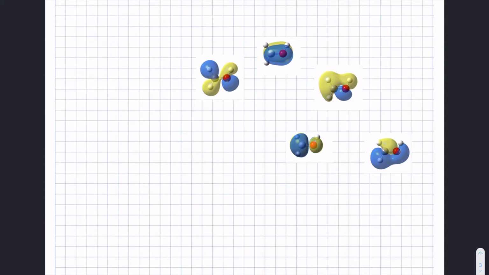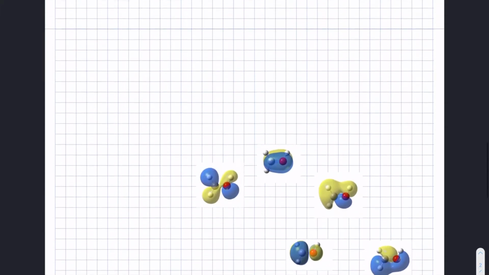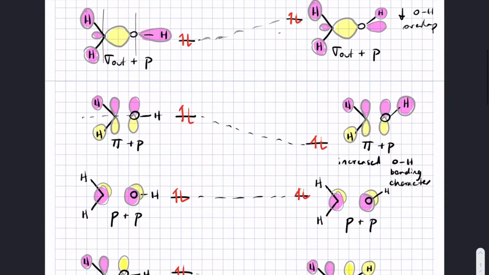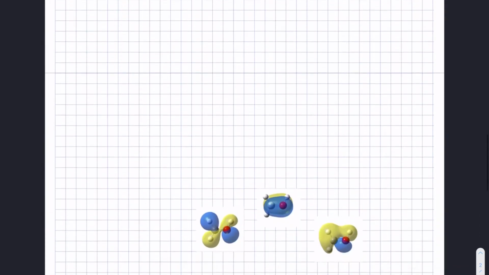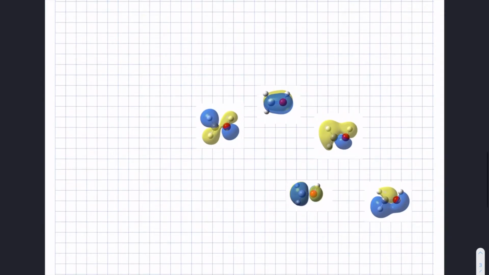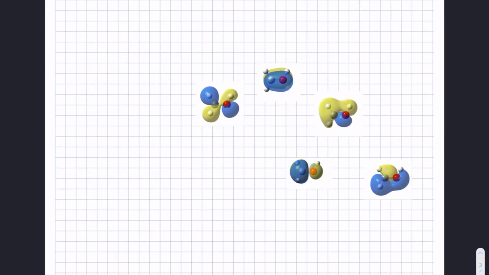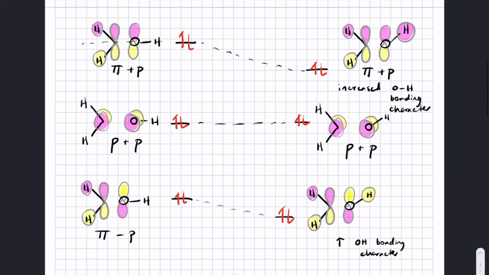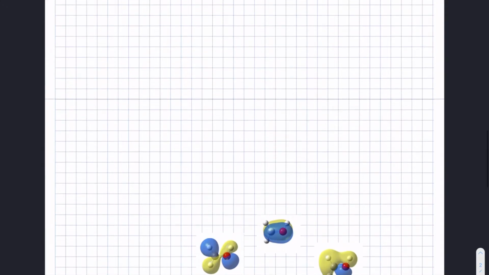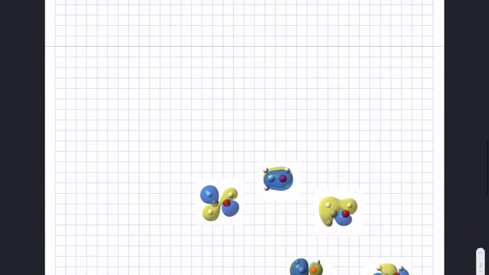And this one's weird. Didn't it have 3 nodes? Wasn't it that one on the left? The sigma out combination should, yeah.